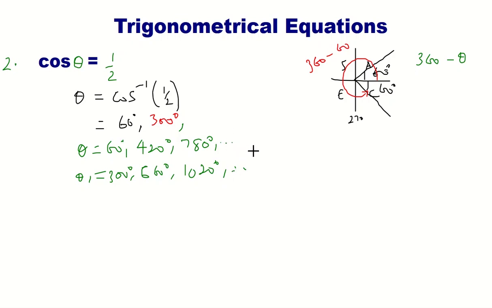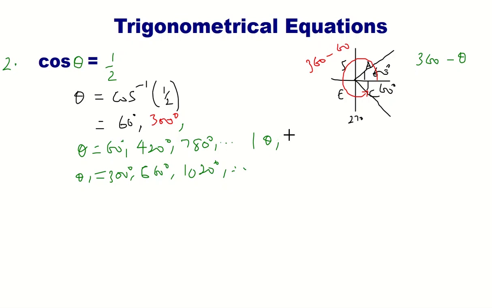Okay, and then the negatives. If theta is 60, to get the negative values we take 60 and subtract 360, because the period is 360 and now we are moving backwards in the negative sense.